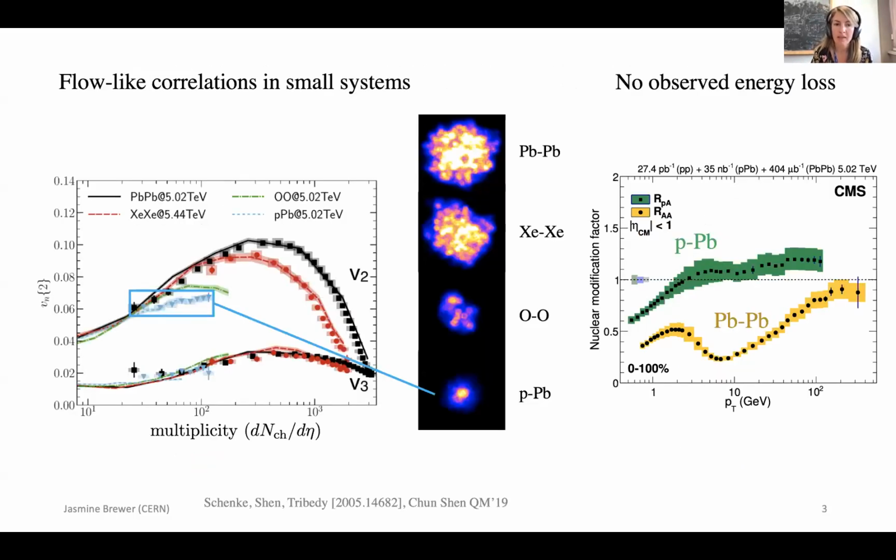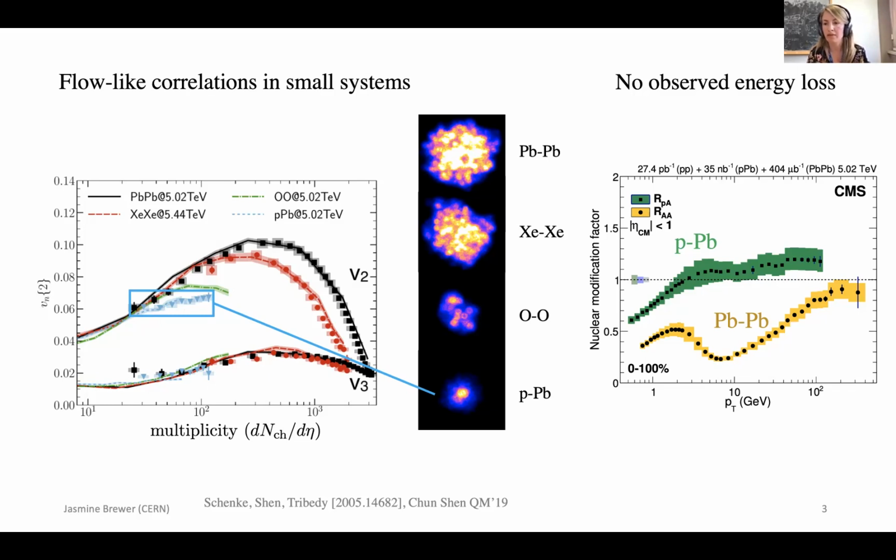This has become very interesting recently with the observation of flow-like correlations in small systems. The flow correlations, for example, here, V2 and V3, which are considered to be characteristic of collective effects in large systems like lead, have also been observed in much lower multiplicity systems like proton-lead.